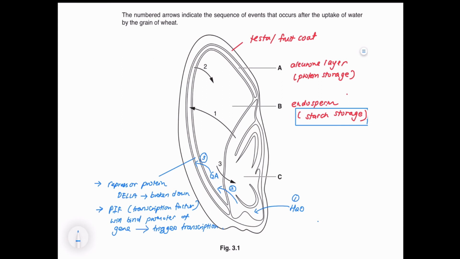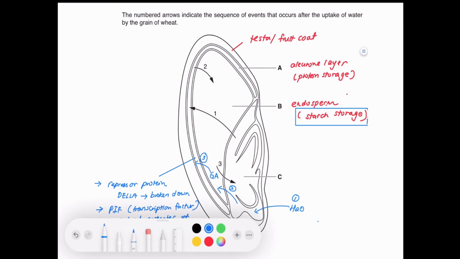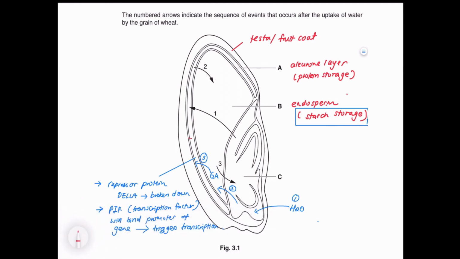But for an essay, we can bring this in to further elaborate on the cell signaling process, whereby when the hormone, which is a signaling molecule, binds the receptor on the aleurone layer, it will trigger a series of reactions. So what is the purpose of the process of transcription? What is the gene that's being transcribed? We know that it's actually protein storage.